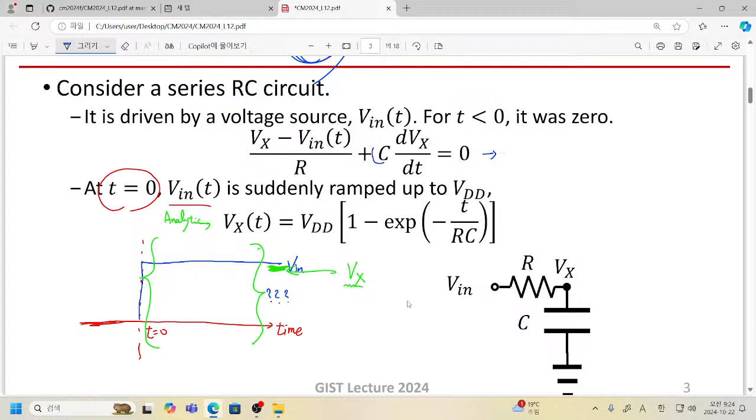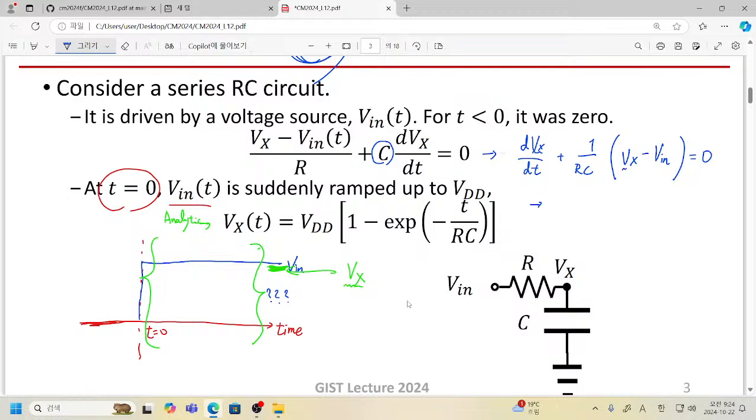Here we have C, and we divide the left-hand side and right-hand side by C, then we can easily eliminate this C. Then instead we will have RC, and here we have Vx minus Vin equal to 0.